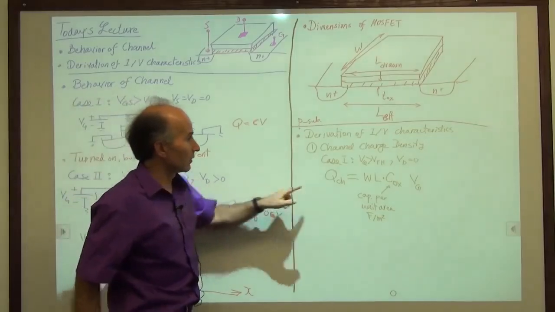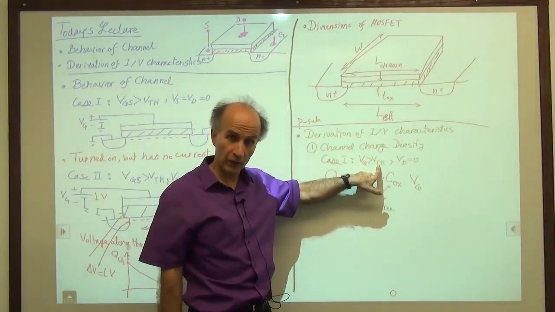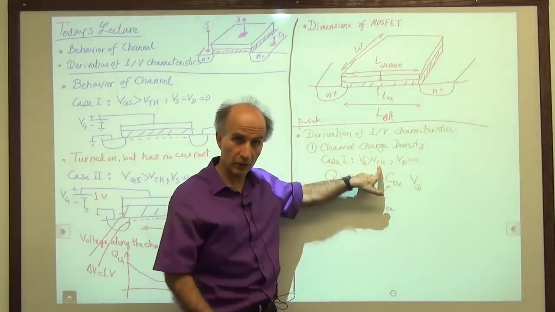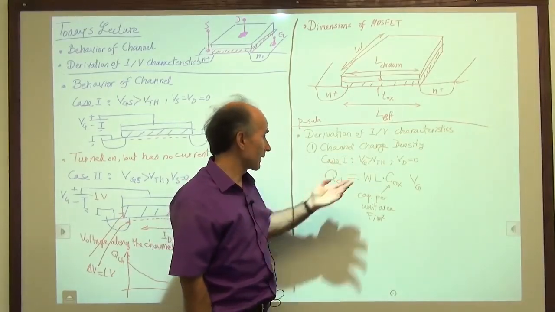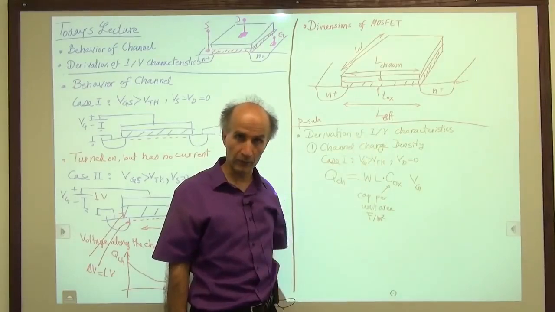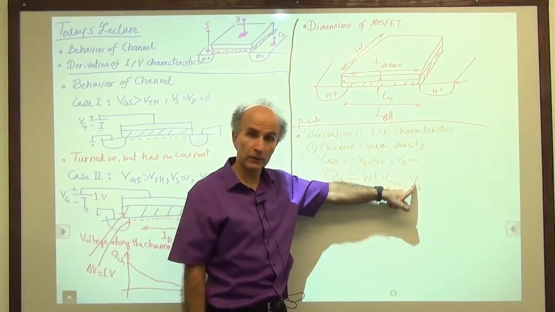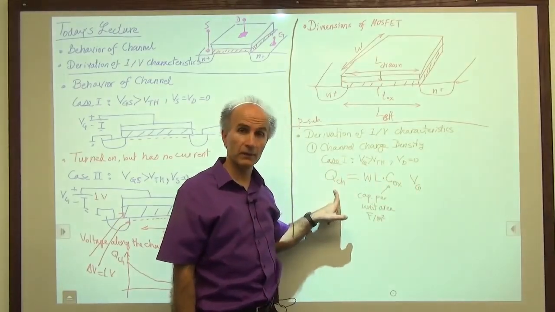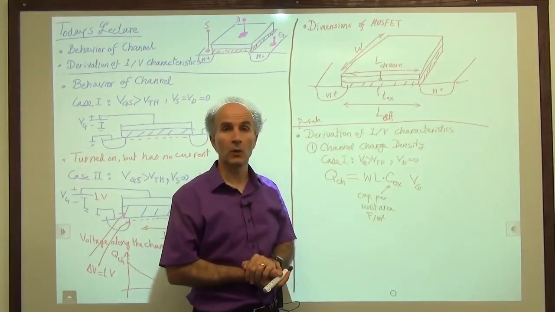VG has to be greater than a threshold to have channel charge. If VG is less than a threshold, we have only depletion region charge, meaning ions, right? And the threshold is not really 0.1 volt. The threshold is 0.2, 0.3, 0.4 volts. So if VG is less than a threshold, let's say 0.1 volt, the channel charge is still 0. So this equation doesn't exactly do what I want.